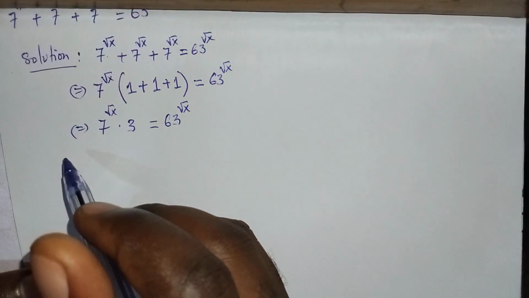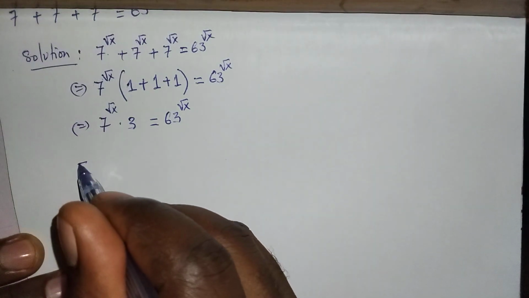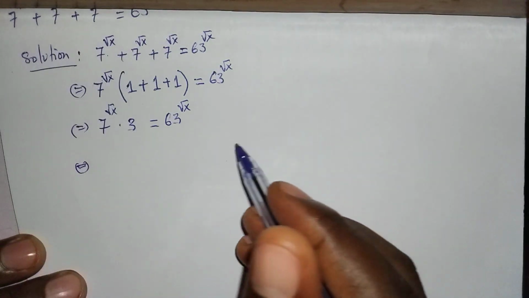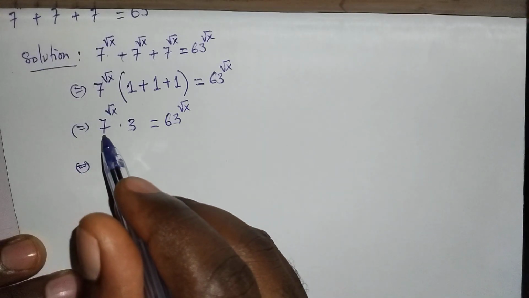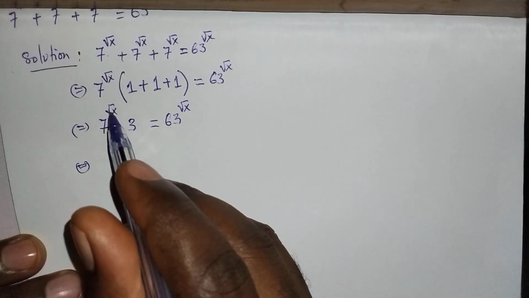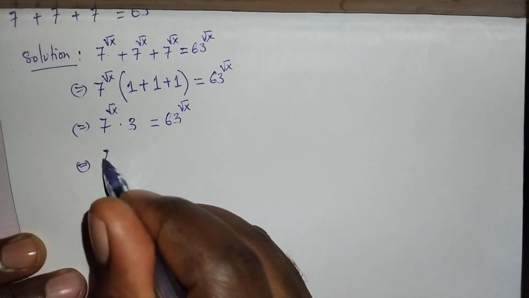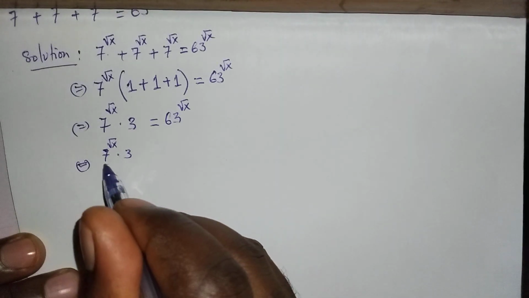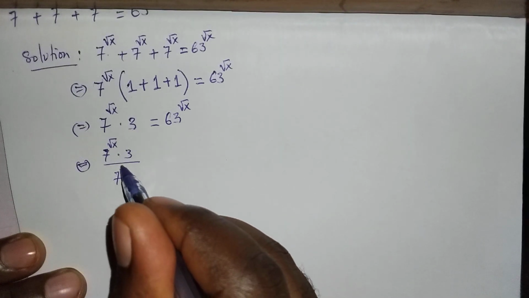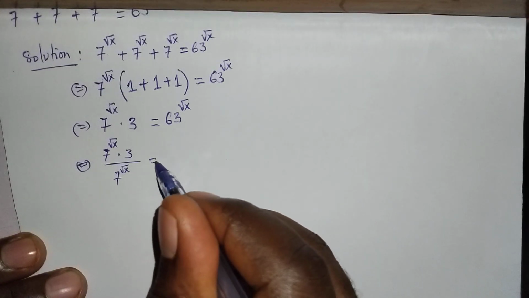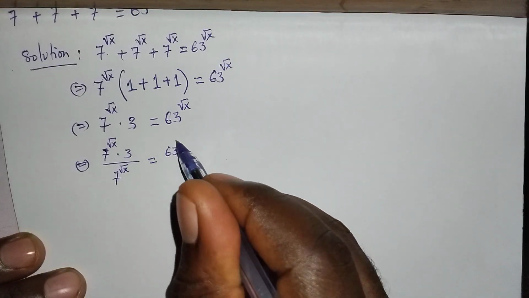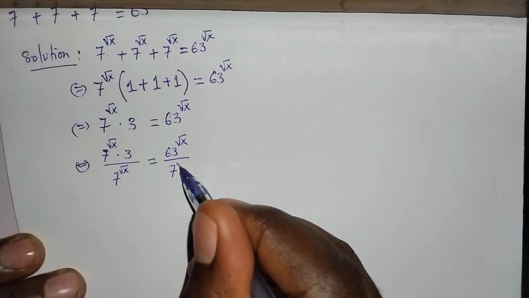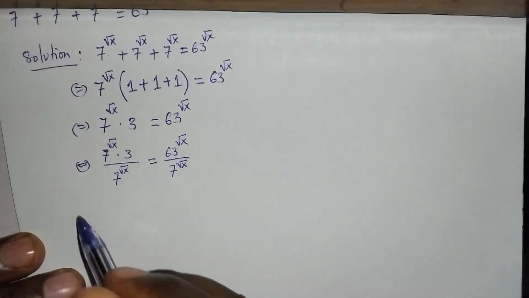Then we are going to divide both sides by 7 + √x. (7 + √x) times 3 over (7 + √x) is equal to (63 + √x) over (7 + √x).